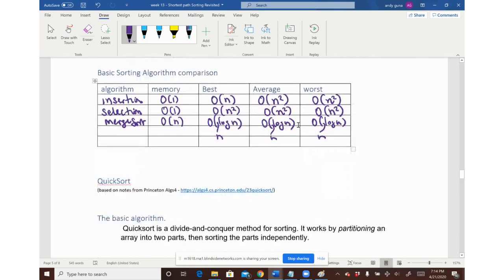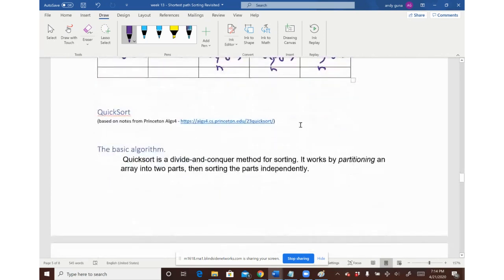Okay. So now we're going to talk about something new. This is called Quicksort. This was developed in the 1960s, a long time ago, and it has stood the test of time, and no one has been able to come up with a better sorting algorithm than Quicksort.